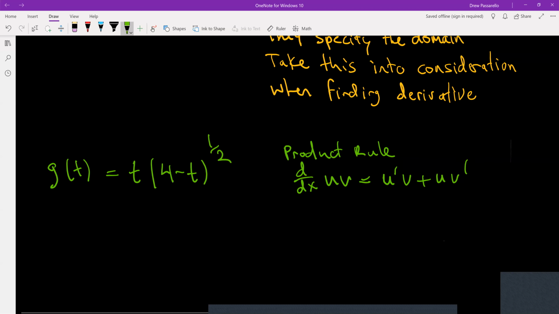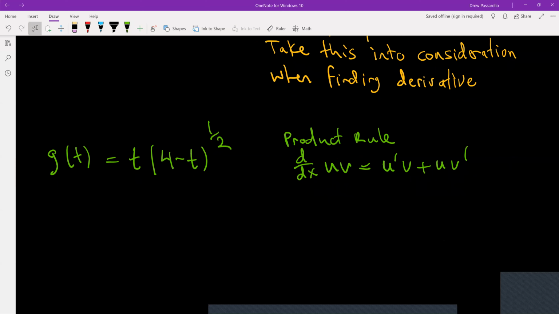All right, so my function u is going to be t, and u prime is 1 since the derivative of t is 1. My function v is going to be the 4 minus t raised to the 1/2.